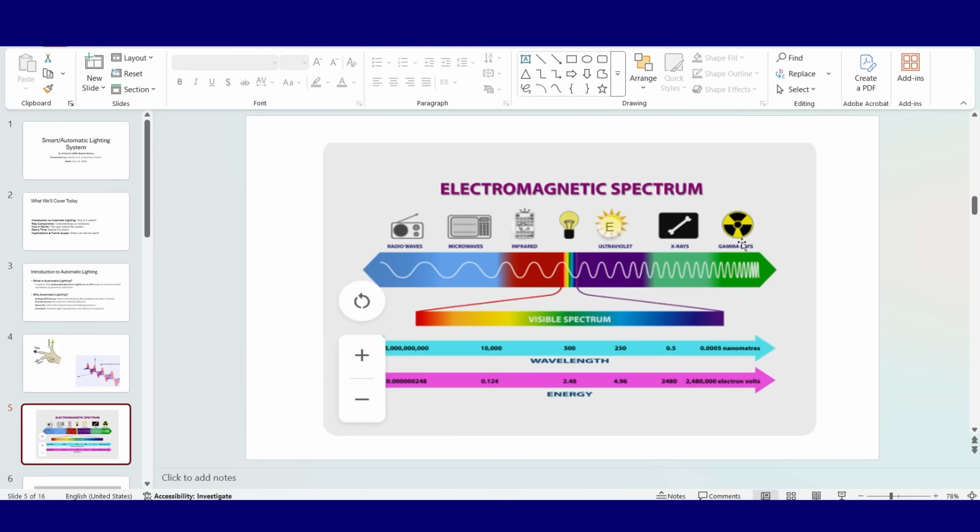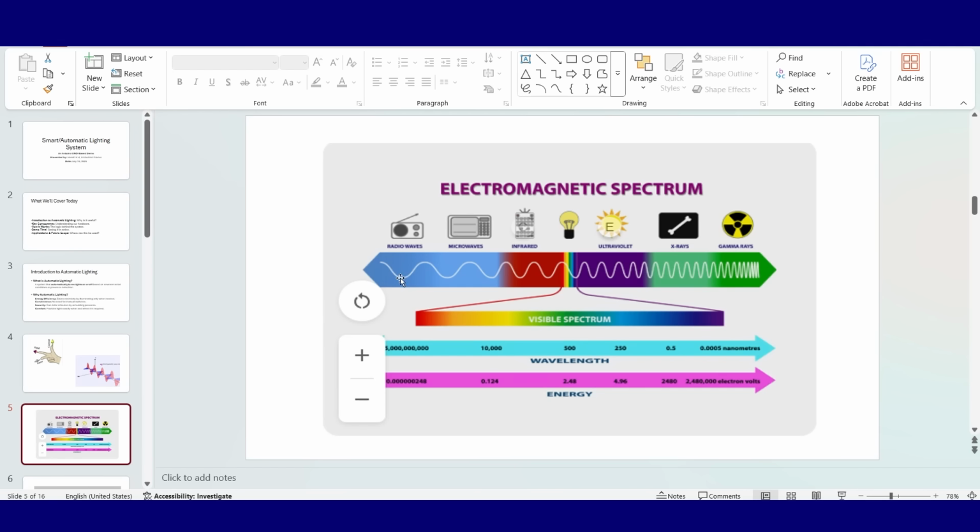When we look at the electromagnetic spectrum, where does our infrared stand? Where do our IR waves stand? If we see this electromagnetic spectrum here, it ranges from radio waves, microwaves, infrared waves, visible light, ultraviolet light, X-rays up till gamma rays.